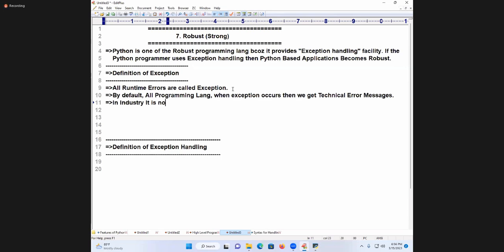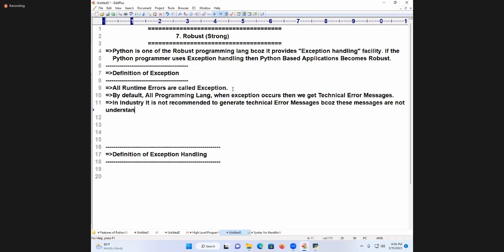It is not recommended to generate which messages? Technical error messages, because these messages are not understandable by whom? End users.